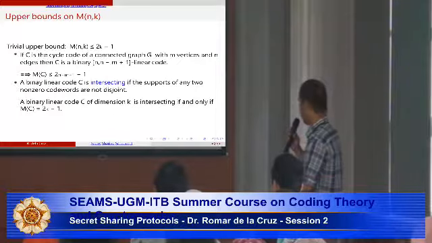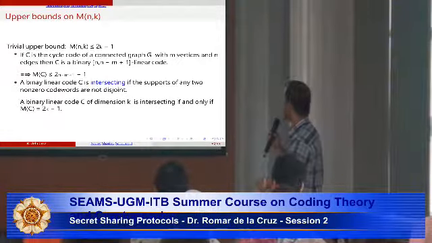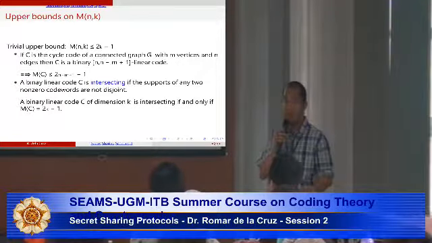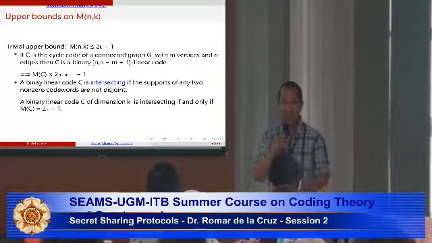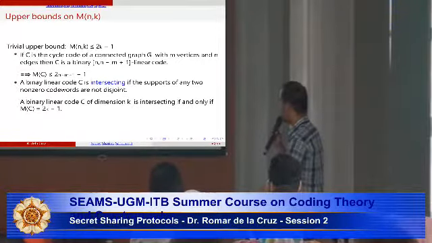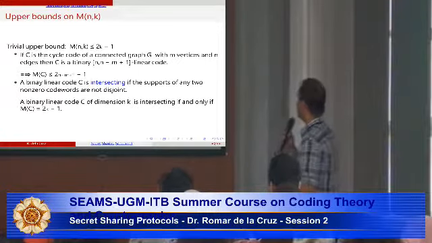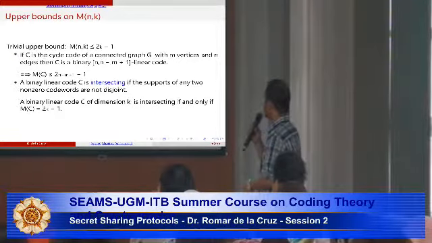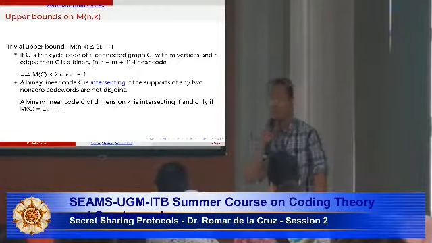Now, one question here is, are there binary codes which satisfy equality, so all non-zero code words are minimal? They are called intersecting binary codes. A binary code is intersecting if the supports of any two non-zero code words are not disjoint.